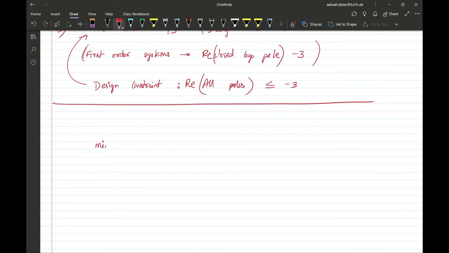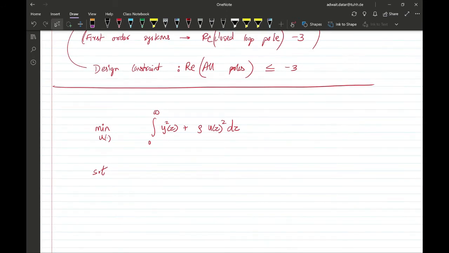If we have the following optimal control problem, let's consider the scalar case, or the single input single output case. So we have this cost that we want to minimize, subject to the system dynamics and the initial conditions.